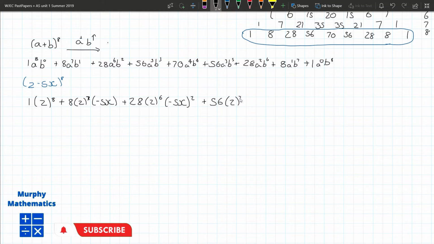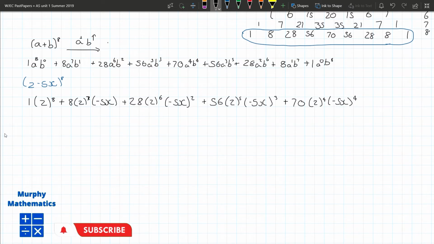2 cubed times minus 5x to the power 3. Okay, so plus 70, lots of 2 to the power 4, times minus 5x to the power 4.